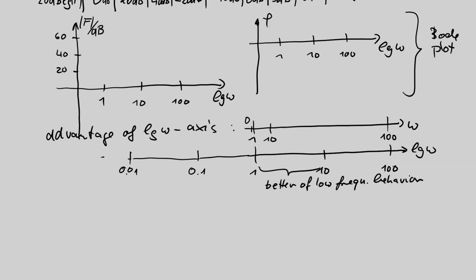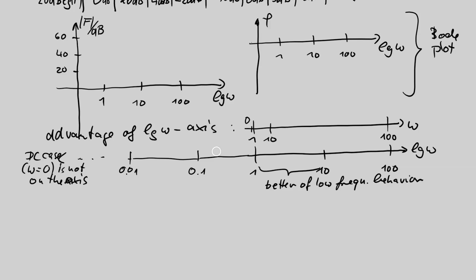You see the DC case, omega 0, is not on the axis. So we can say the DC case, which is also important and famous, is not available in the Bode plot. In the linear case, it is just this point.